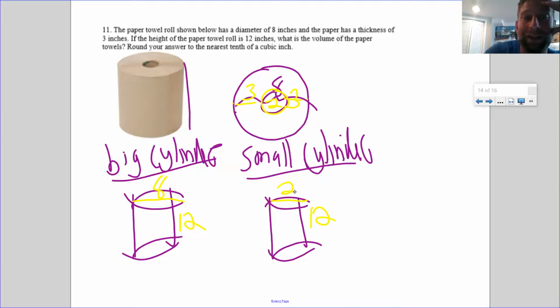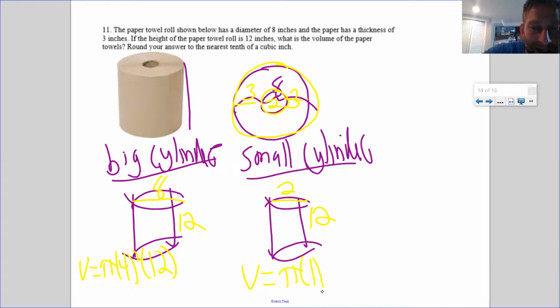Again, drawing a cross section will help you more clearly see what's going on. Whatever the thickness is, the thickness goes on both sides. You just subtract the thickness off of both sides to determine your inner diameter. So now I can just set up my volumes. My radius is 4 if my diameter is 8. My radius is 1 if my diameter is 2.